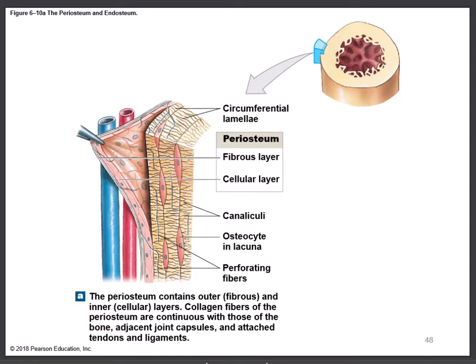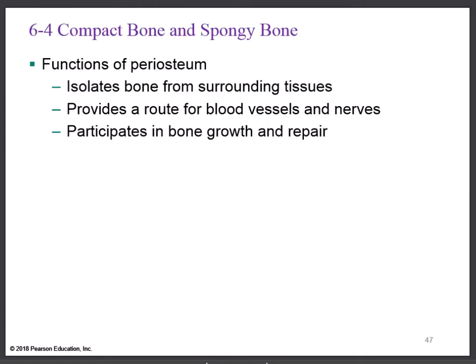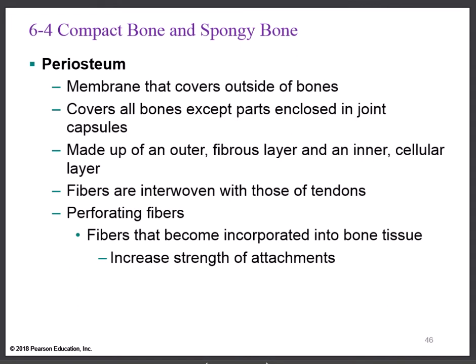If you ever put on a sock that's been kind of stretched out, it would fall down your ankle. Well, that doesn't happen here because these perforating fibers go in, and we follow this one here, anchor into the bone. Here's another one up over here that came from this guy over here. So here's one that's actually not separated. So that perforating fiber right there, that holds the periosteum onto the bone.